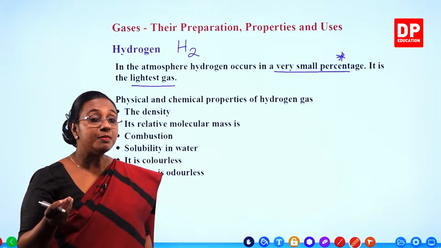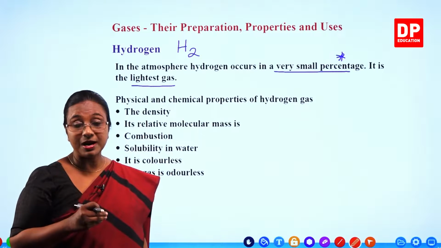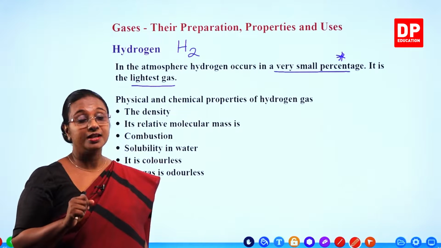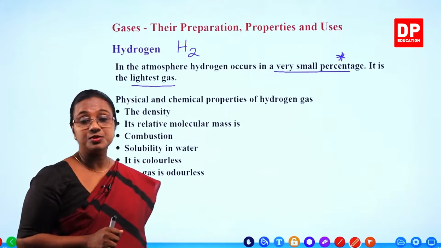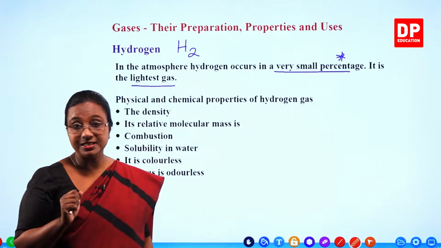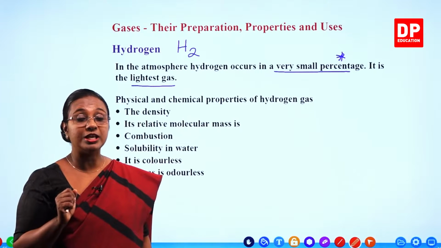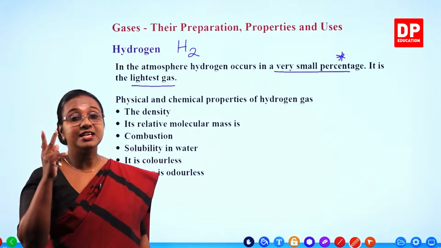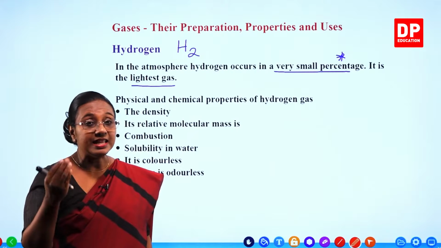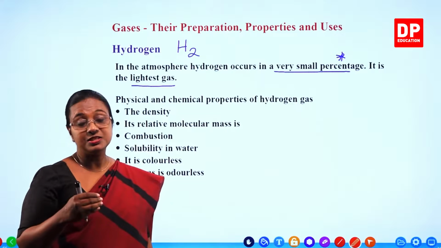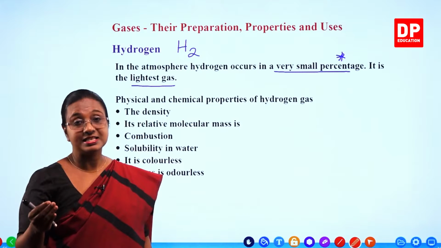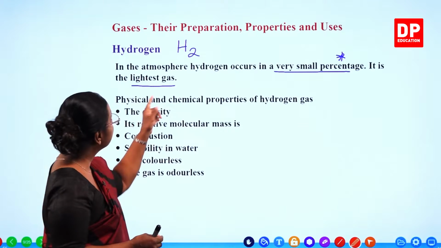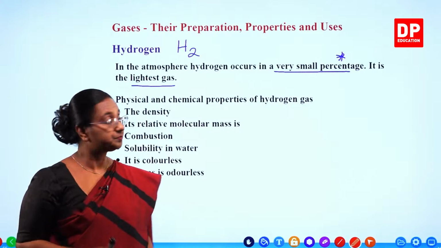So if you can remember, the relative atomic mass of hydrogen is 1. So when there are 2 atoms of hydrogen in one hydrogen molecule, that is H2 molecule, the relative molecular mass of hydrogen is 2. And therefore, the density is also very less. So this is the lightest gas.